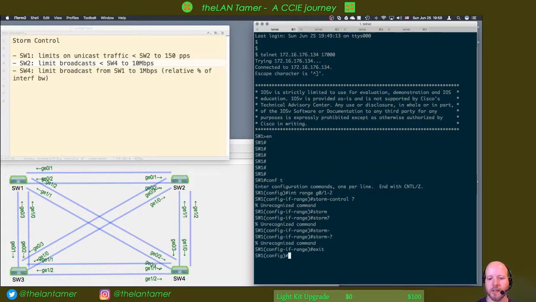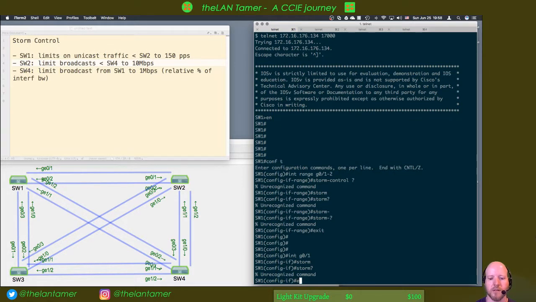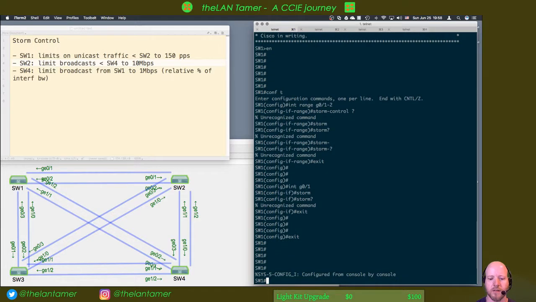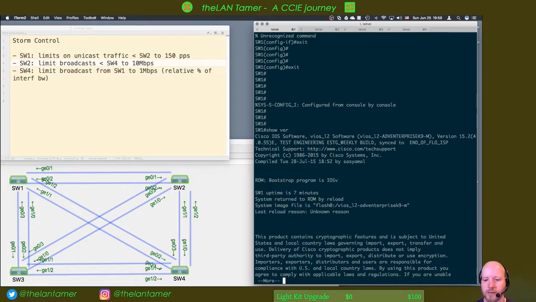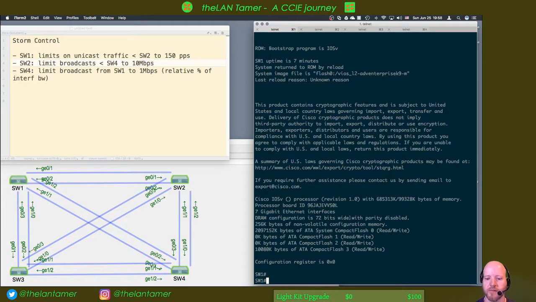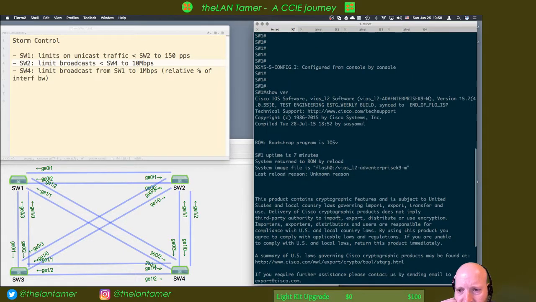Maybe it doesn't like doing it to a set of interfaces. Okay, what's wrong here? Can I not do this on this version? Probably because I don't have true physical interfaces, maybe? Well, that's not good.